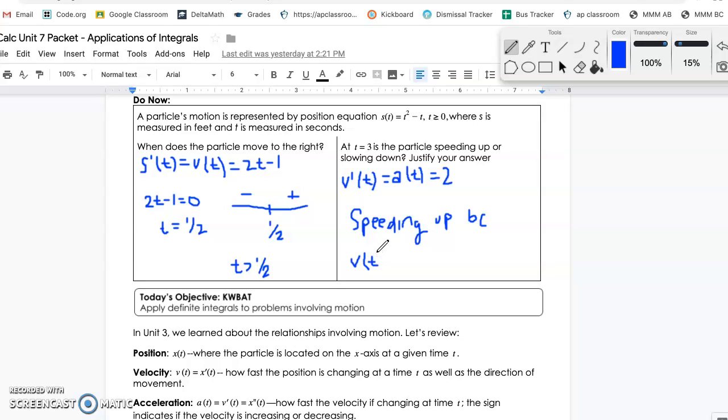So I can say because v of t is greater than 0 and a of t is greater than 0, they both have the same sign, they're both positive, therefore the particle is speeding up.